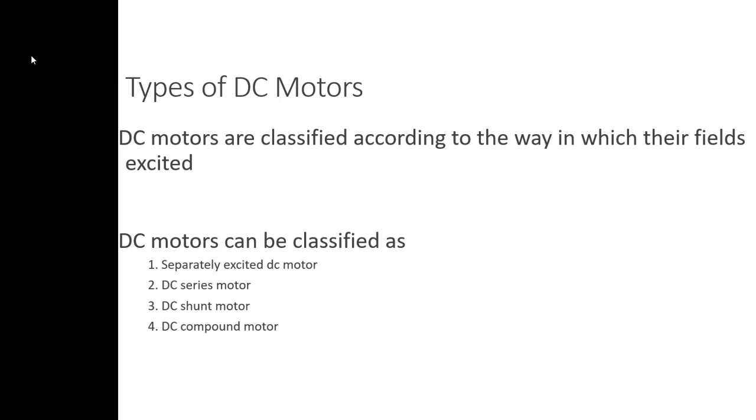If we observe, first we will see what a separately excited DC motor is. These motors have field coils similar to the field coils of the shunt wound motor.